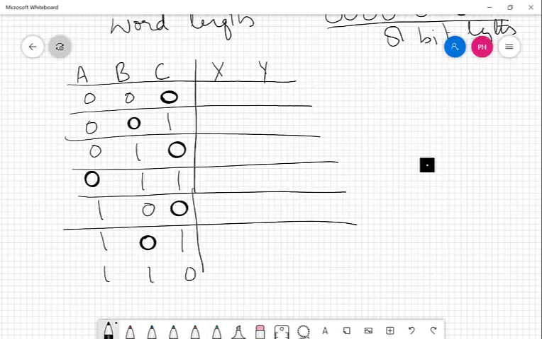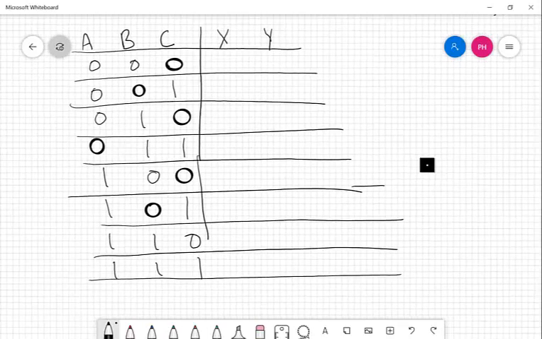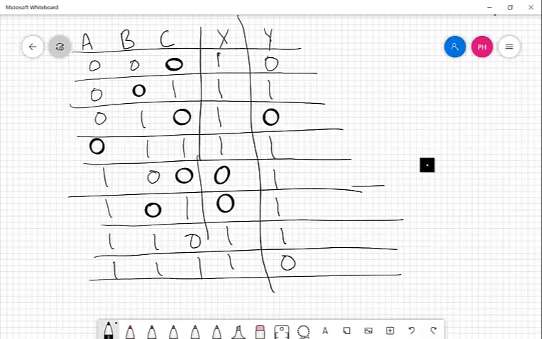I will put the outputs randomly. Maybe X is 1, 1, 1, 1, 0, 0, 1, 1, and Y should be 0, 1, 0, 1, 1, 1, 1, 0. Is that okay?